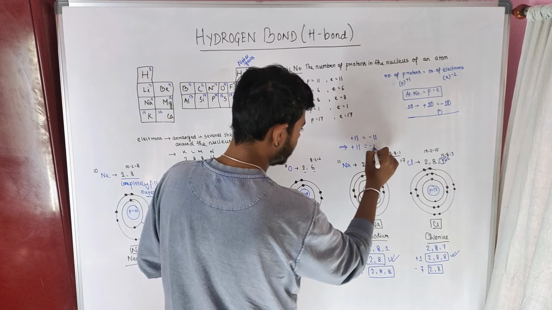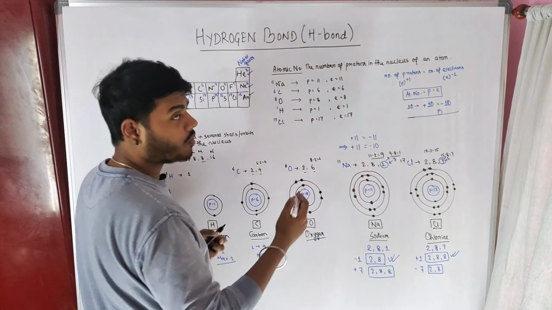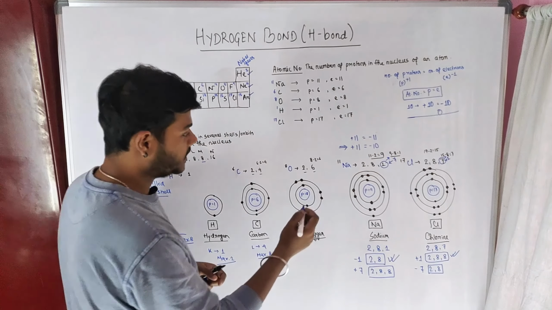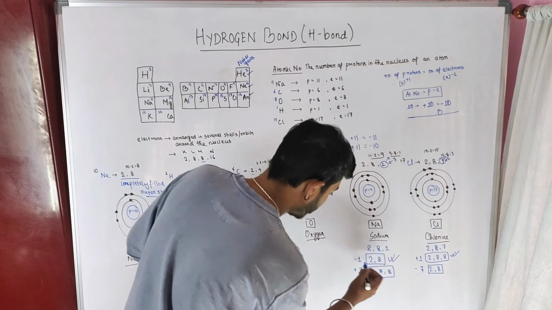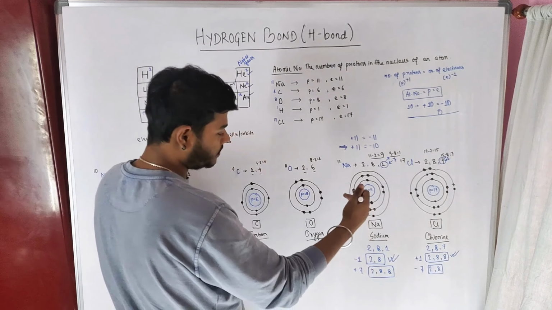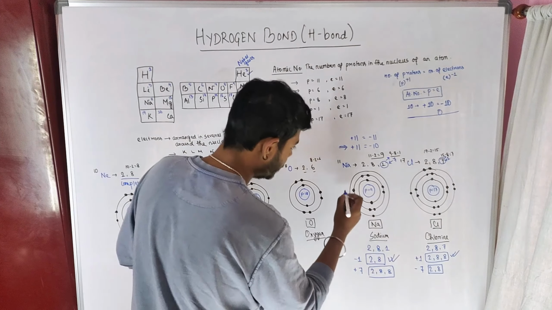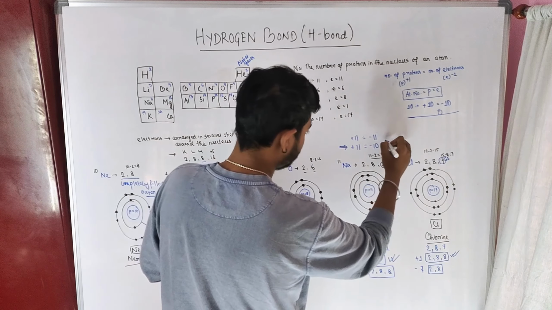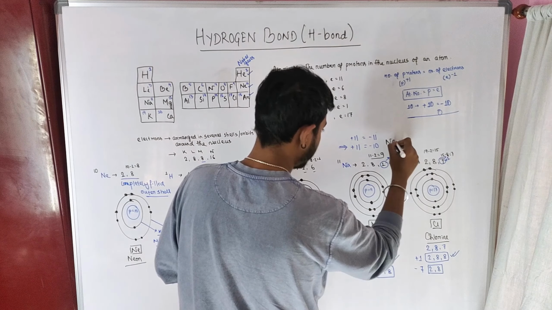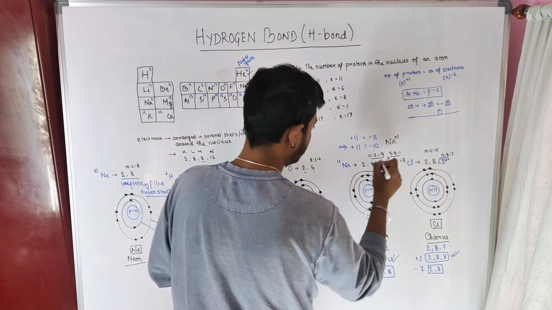So it has more protons compared to electrons. This will create an overall charge of +1. So when sodium removes 1 electron, it forms a sodium ion, which has an overall positive charge of 1.